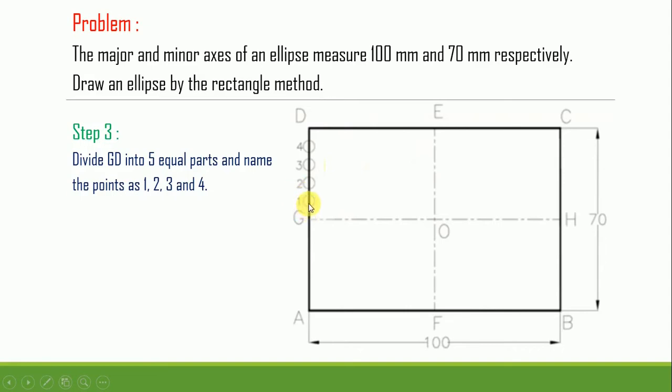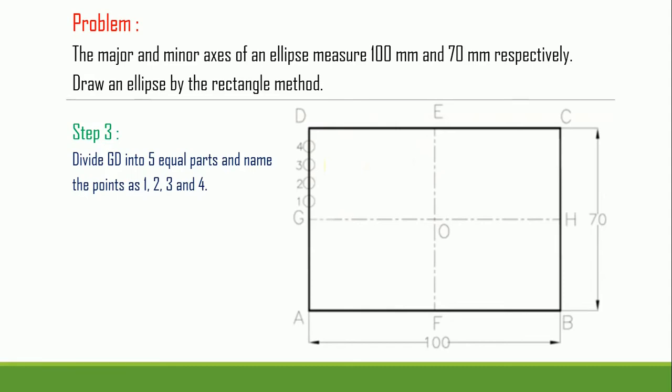Here you can see I marked the points 1, 2, 3 and 4, and the fifth one is already on point D itself. So step number 3 is to divide the line GD into 5 equal parts and name the points as 1, 2, 3 and 4.